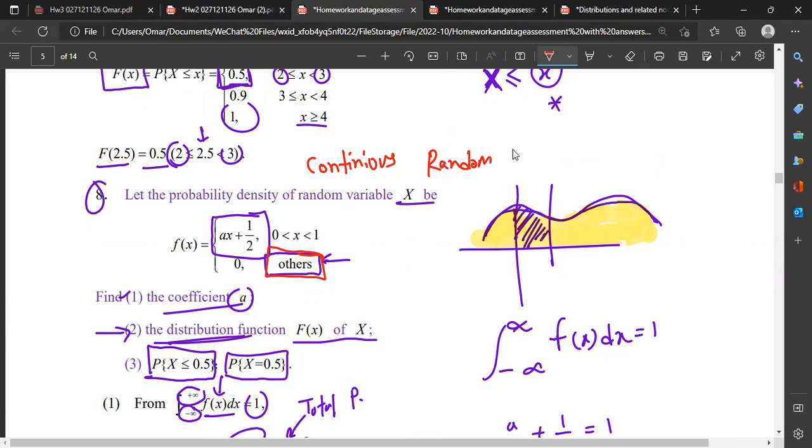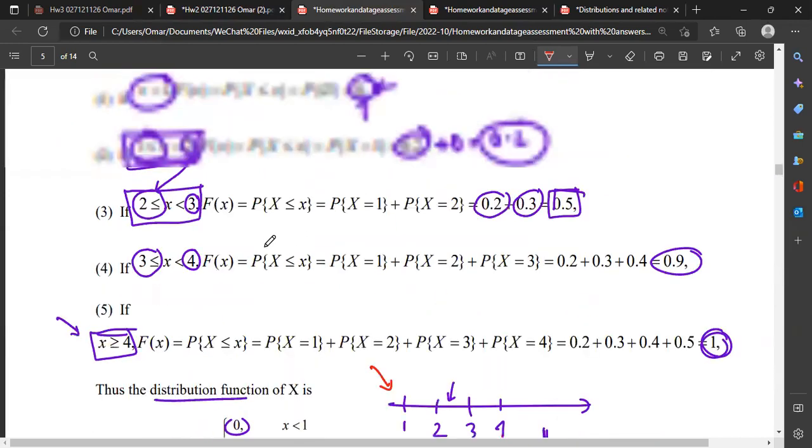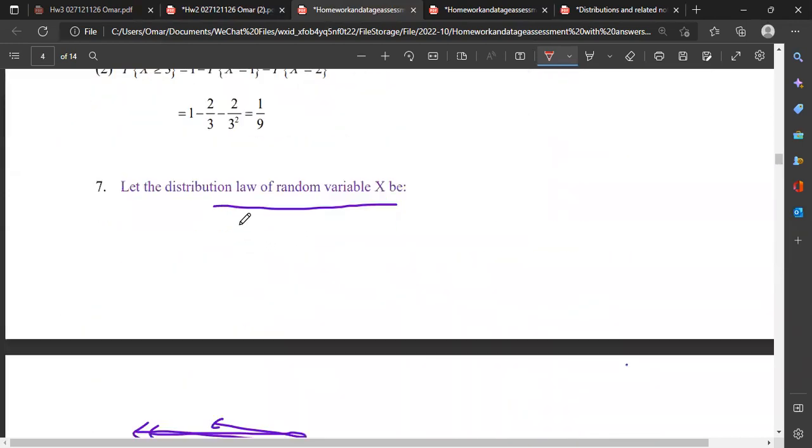So we don't need to worry too much about this continuous random variable. If we somehow can calculate the discrete random variable, here I have calculated, right? So number 7. If we somehow know how to calculate this one, it will be okay.